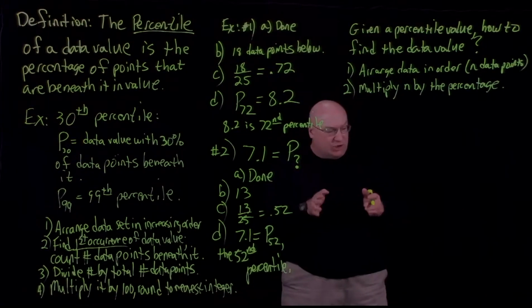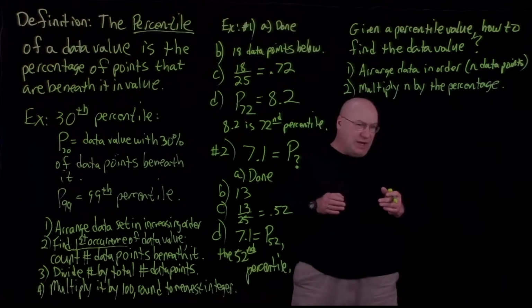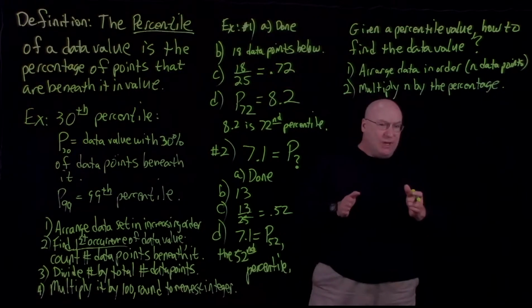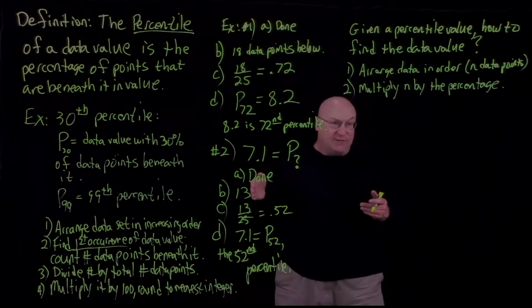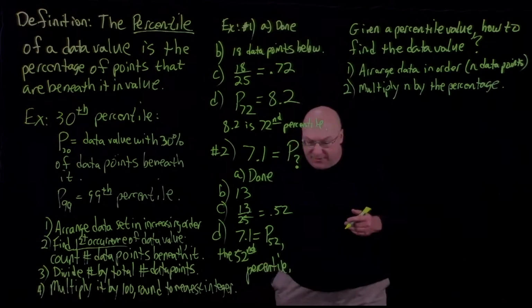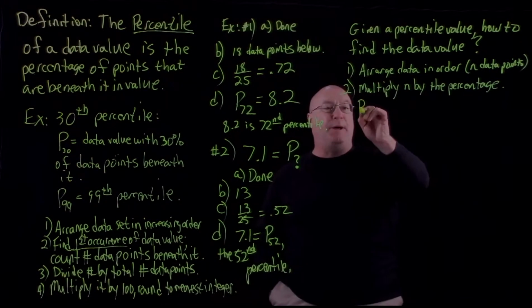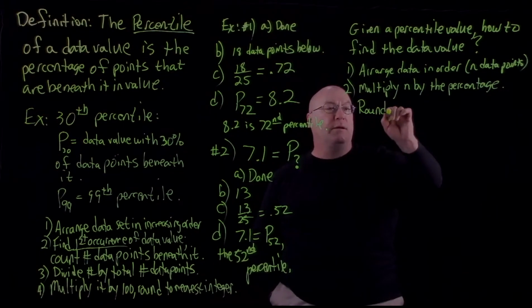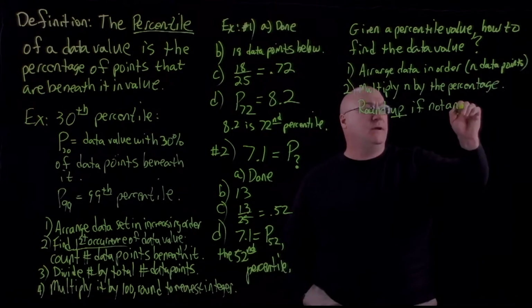I take that percentage and multiply by 25, and that tells me what fraction of the 25 data points I have to step up to get to my value, essentially. So we'll multiply n by the percentage, and then round up, if not an integer.